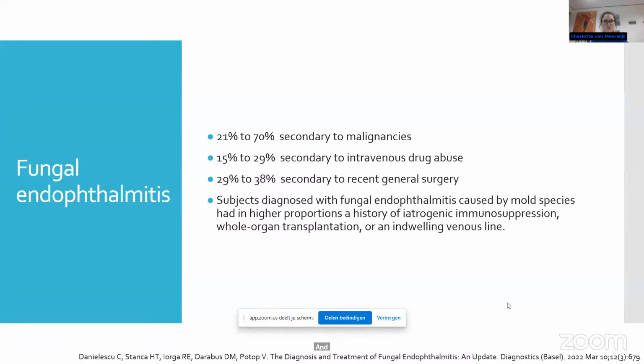In 21 to 70% of the cases, it was secondary to malignancies or cancers, 15 to 29% were secondary to intravenous drug use, and 29 to 38% secondary to general surgery. And also, as a note, the subjects diagnosed with fungal endophthalmitis caused by mold species were in higher proportions in those with a history of iatrogenic immune suppression, whole organ transplantation, or an indwelling venous line.